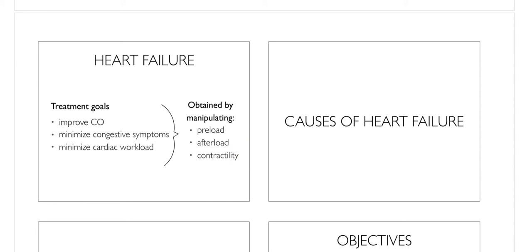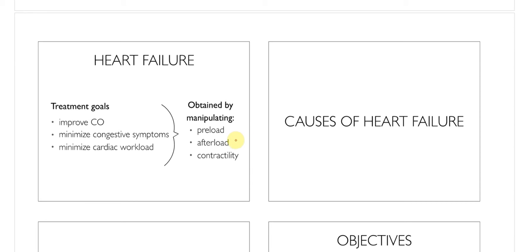Remember that preload is the volume of blood that the ventricles accept during diastole and before systole.